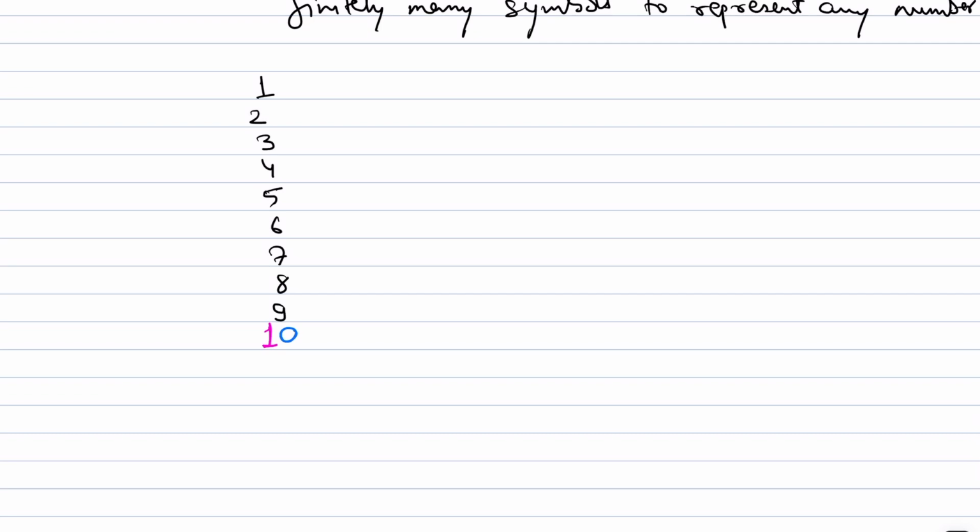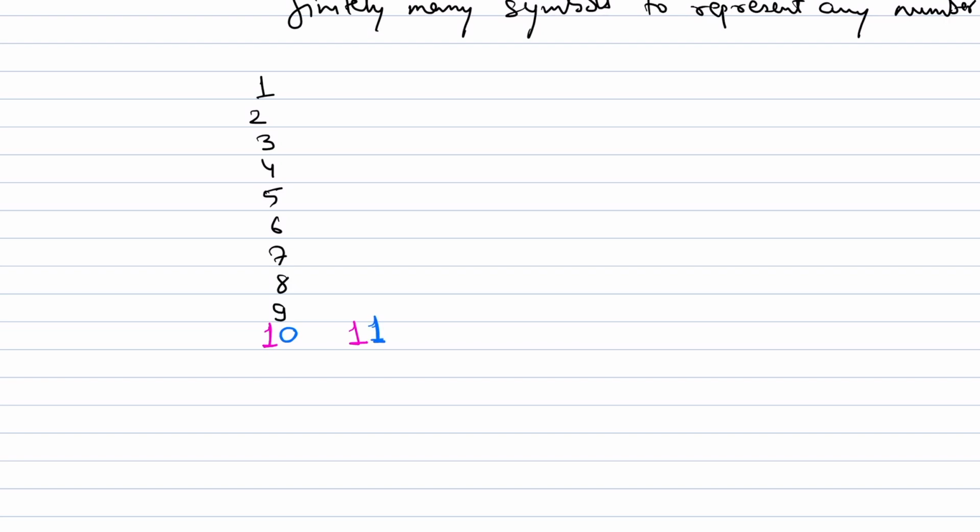So proceeding, I ran out of symbols once, so I write 1. Then there is one more thing to count. Suppose I am given 11 things to count: until 10 I ran out of digits once, then there is one more thing to count, therefore I write 1.